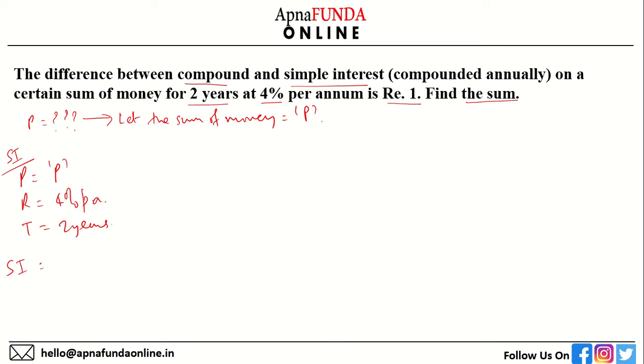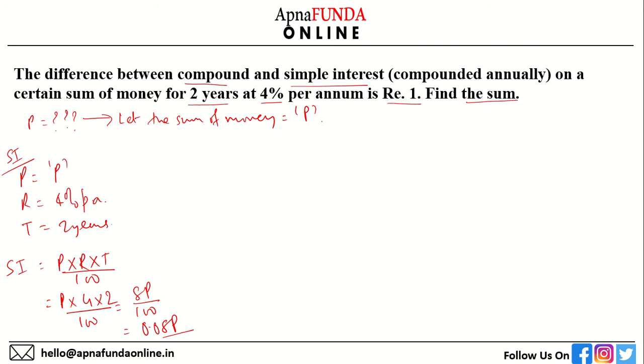The simple interest is equal to principal into rate into time divided by 100. Principal is P, rate of interest is 4, time period is 2, divided by 100. So this becomes 8P by 100, which I can write as 0.08P, correct?